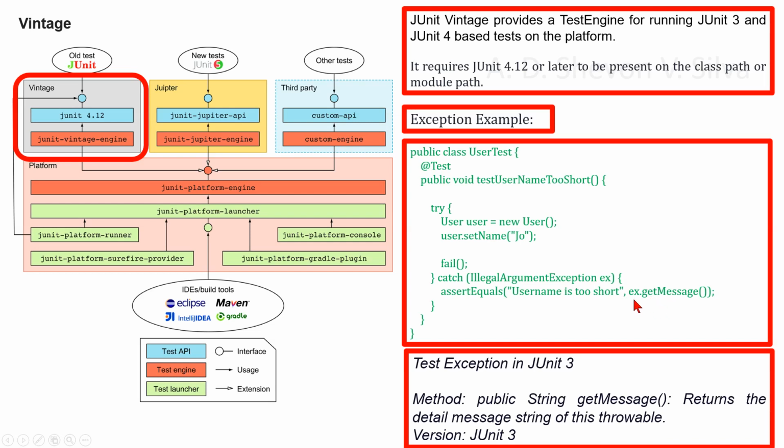This returns the detailed message string of this throwable. Here assertEquals asserts the two strings are equal. This is expected and this is actual.